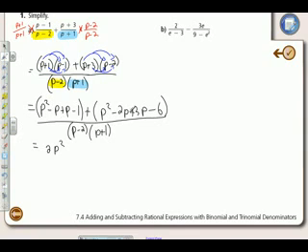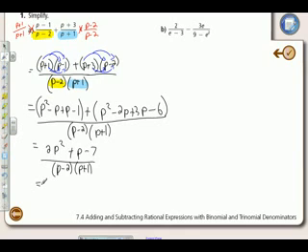Negative 2p plus 3p gives me plus 1p. I've got a negative 1 and a negative 6, minus 7, over (p minus 2)(p plus 1). Don't expand the denominator, leave it.